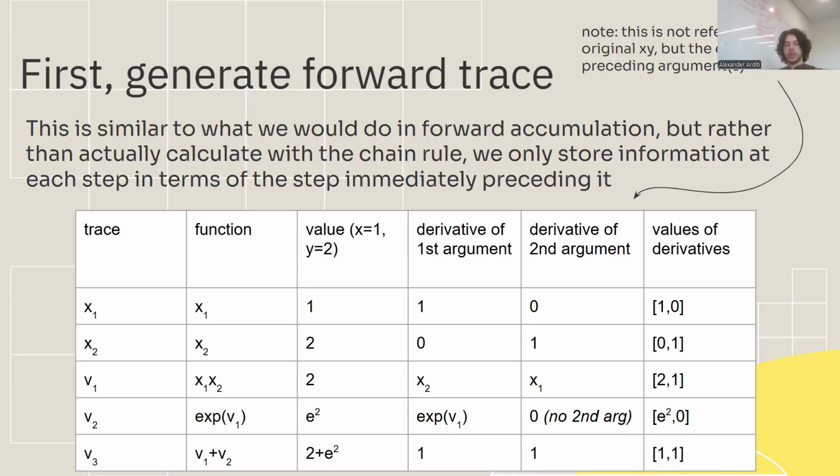After we get the function, we calculate the actual value at the points that we're looking at for each. And finally, we calculate the derivatives of the given node or trace with respect to what comes before it. And sometimes these derivatives are going to end up being constants, like in the case of the derivatives of x1 and x2, but in other cases, they're not going to be, for example, in the case of v2.